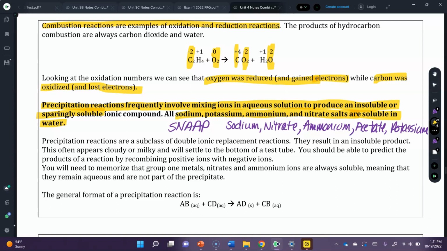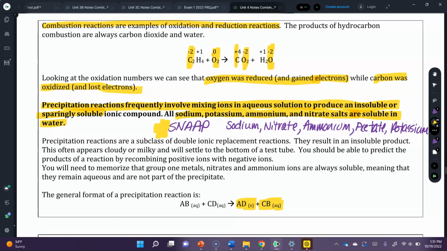So you should be able to predict the products of a reaction by recombining positive ions and negative ions, switching the partners. You will need to remember that group 1 metals, nitrates, and ammonium ions are always soluble. So the SNAP rule is something you do need to remember. Beyond that, the AP test will give you additional clues to determine if something is insoluble or not.